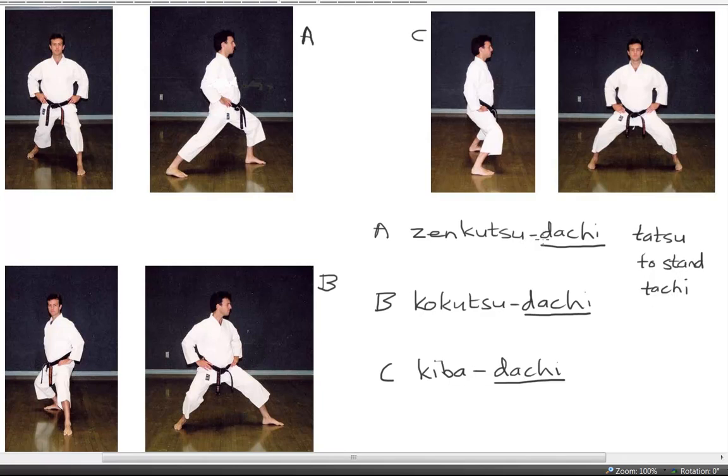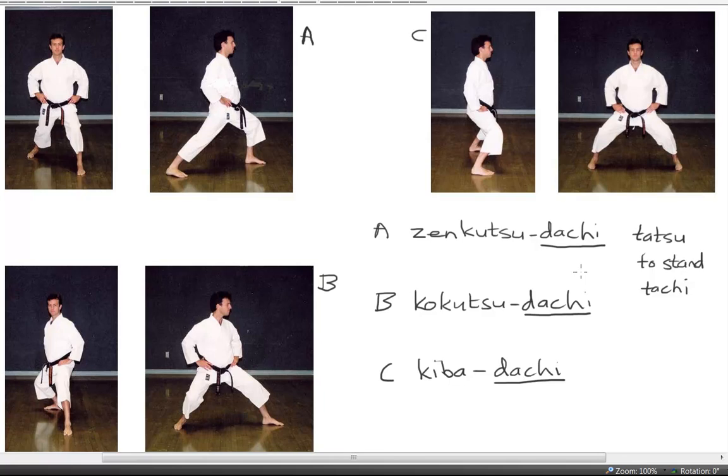Now here we have da instead of ta, dachi. When tachi is added to the end of a word, in this case zenkutsu-dachi, instead of saying tachi, it changes to dachi. It's just a function of the Japanese language. I could go into a deeper explanation, but let's just accept that if tachi gets added to the end of a word, it becomes dachi.